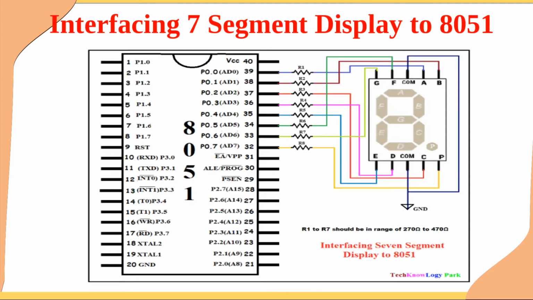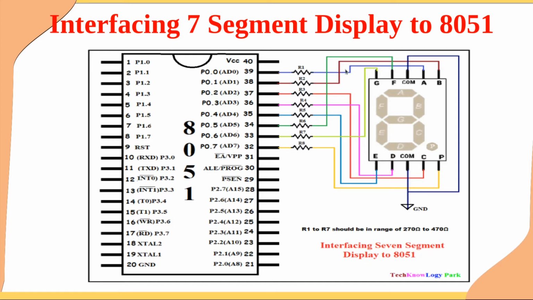This is interfacing a 7 segment display to 8051. As I told you, dear students, we should connect a 7 segment display to resistors. R1 to R7 are the current limiting resistors, in the range of 270 to 470 ohm, even 220 ohm minimum. Here we have selected port 0, which starts from pin number 39, P0.0, port 0 first pin, to P0.7, which is port 0 last pin.